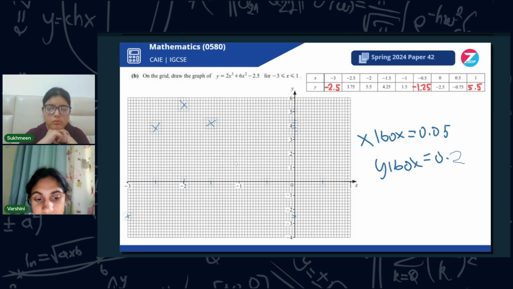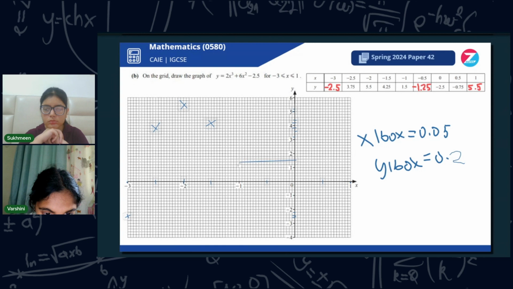Okay, and the next point, minus 1, which is going to be at 1.5 on the y-axis. So over here we know 1.2, 1.4, and 1.6. So again, right in between 1.4 and 1.6. Just extrapolate that with your scale, and then draw the x. Okay, minus 0.5, and over here it says minus 1.25.